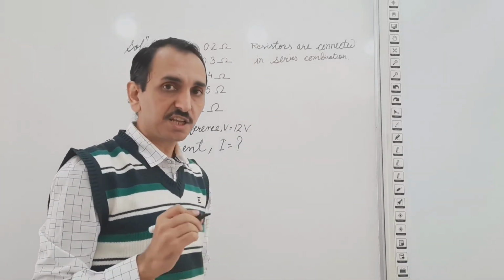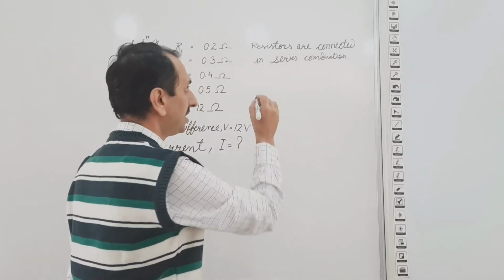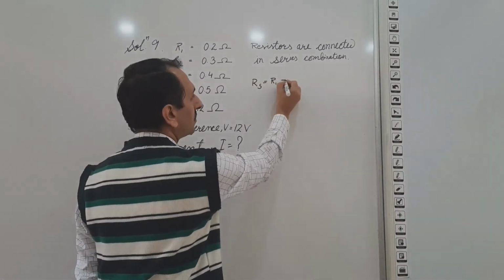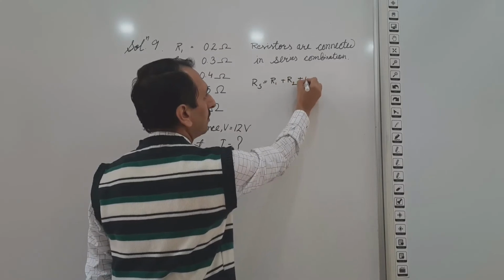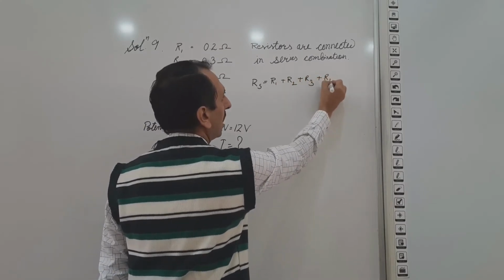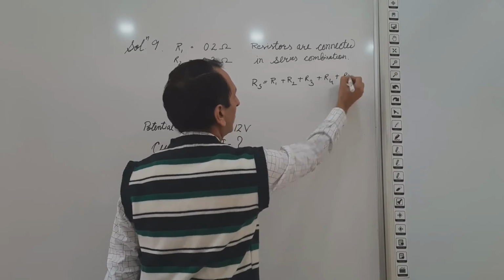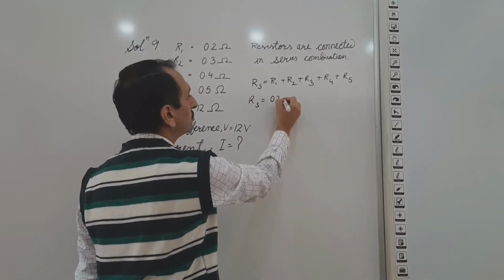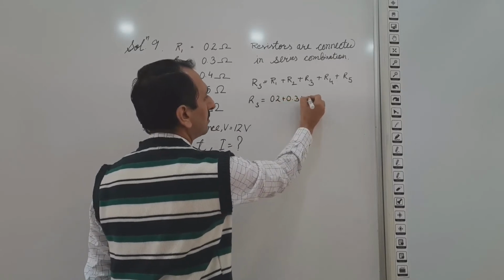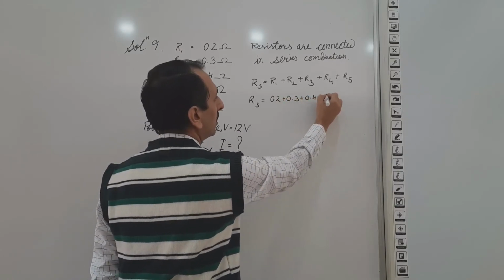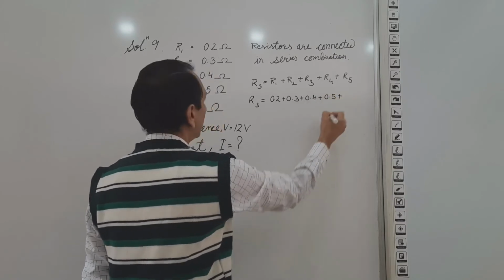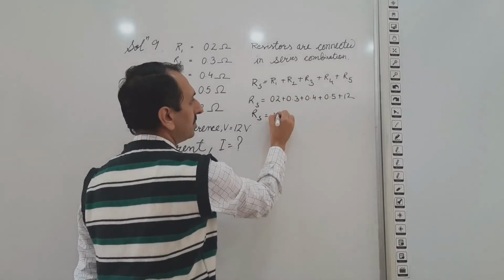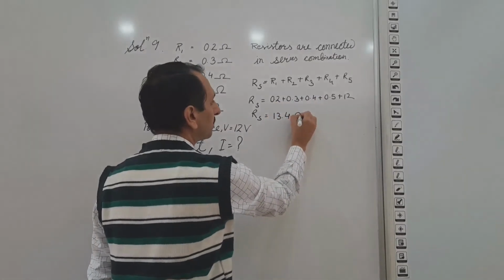So, equivalent resistance in the series combination can be calculated as Rs equal to R1 plus R2 plus R3 plus R4 plus R5. Let us fill the values: 0.2 plus 0.3 plus 0.4 plus 0.5 plus 12. Rs will be, by adding them, 13.4.